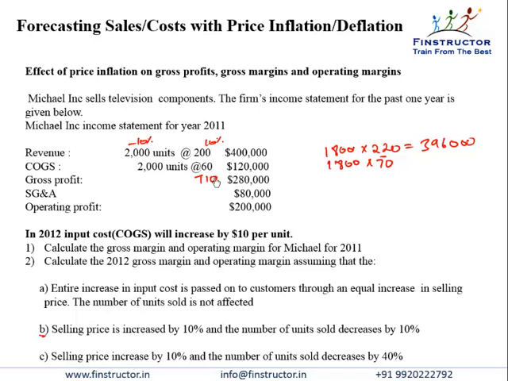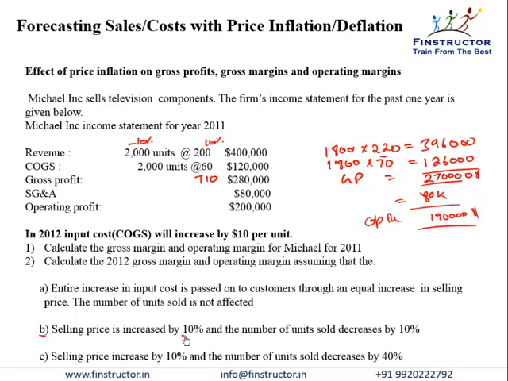That is the new price. That is $126,000. The gross profit would be the difference of the two, that is $270,000. The SG&A will remain at 80,000, giving us an operating profit of $190,000.